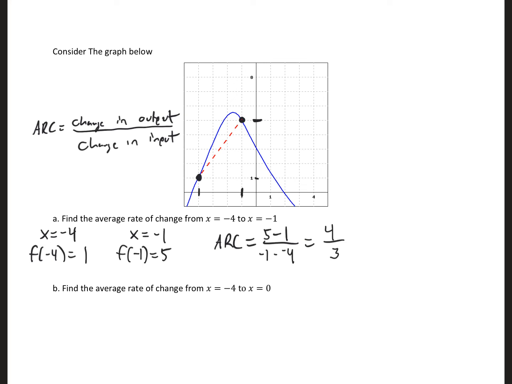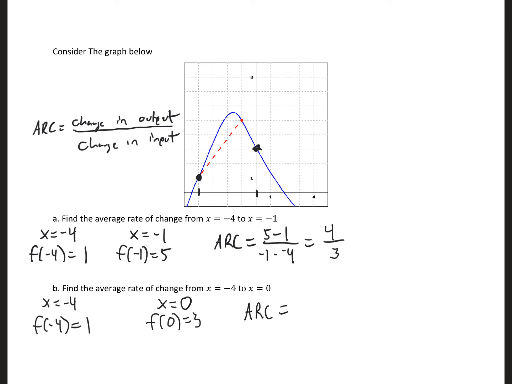Let's find the average rate of change from x equals negative 4 to x equals 0. We know when x equals negative 4, the output level there is 1. We found that in the previous problem. How about when x equals 0? Here, when x equals 0, the output is 3. f of 0 is 3.